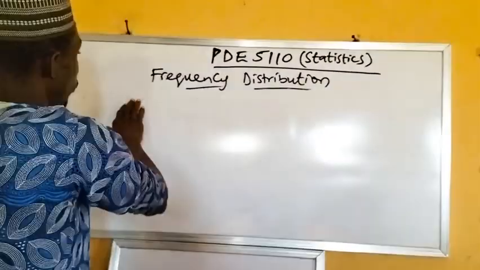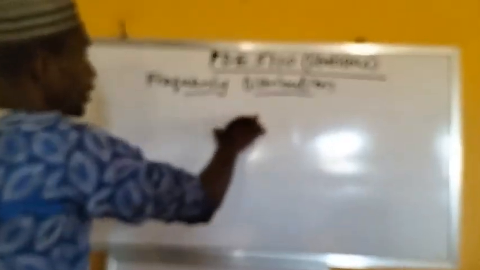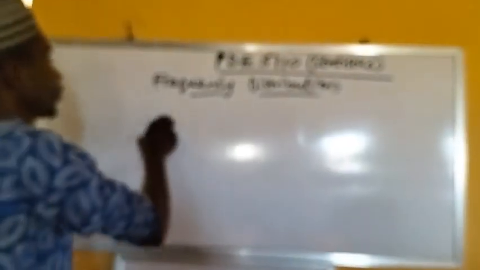In this case, we want to look at the frequency distribution table. What is a frequency distribution table?